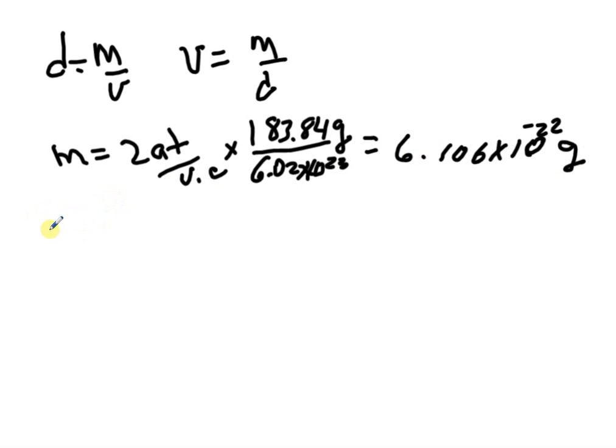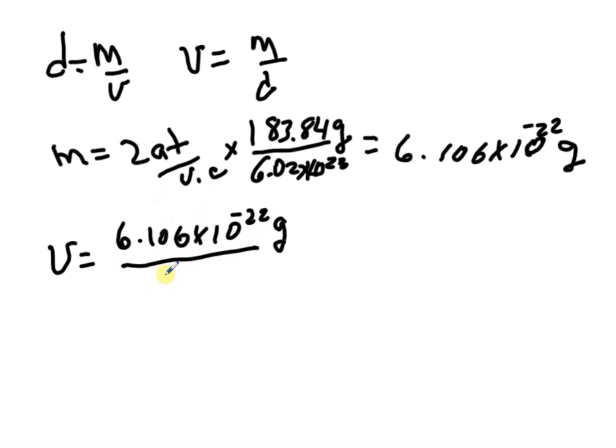And then when we look at the volume, if we look at this equation over here, it is going to be the mass, which is 6.106 10 to the negative 22 grams, divided by the density, which we can find out in handbooks is 19.3 grams per cubic centimeter.